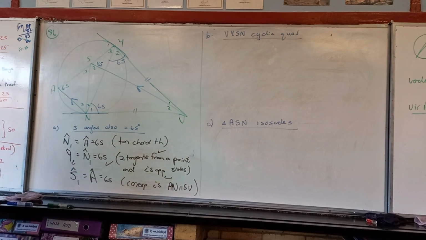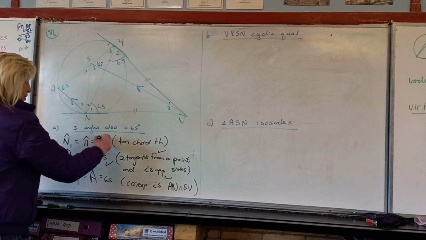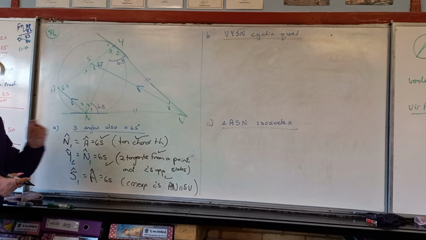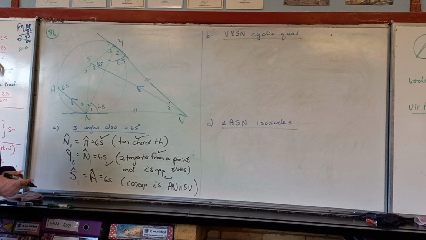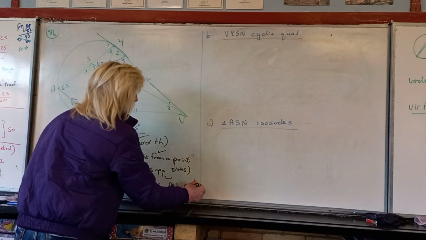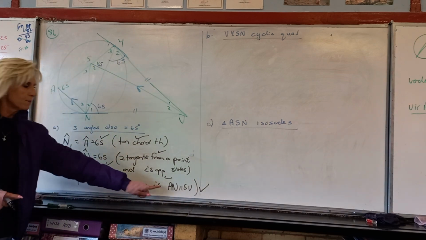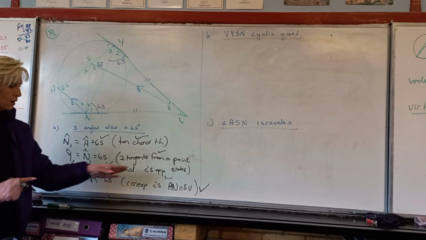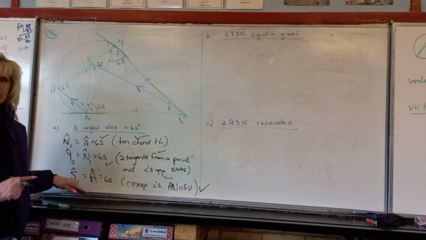So this question was worth 6 marks, right? So that should have been 2 marks. The tan chord theorem is a new grade 11 theorem. That would have been worth 3 marks, because it's a lot of work. And then this one is really grade 8 and 9, so I would have given 1 mark. Meaning, if the parallel lines weren't there, you didn't get the mark. No reason given whatsoever, you didn't get the mark.